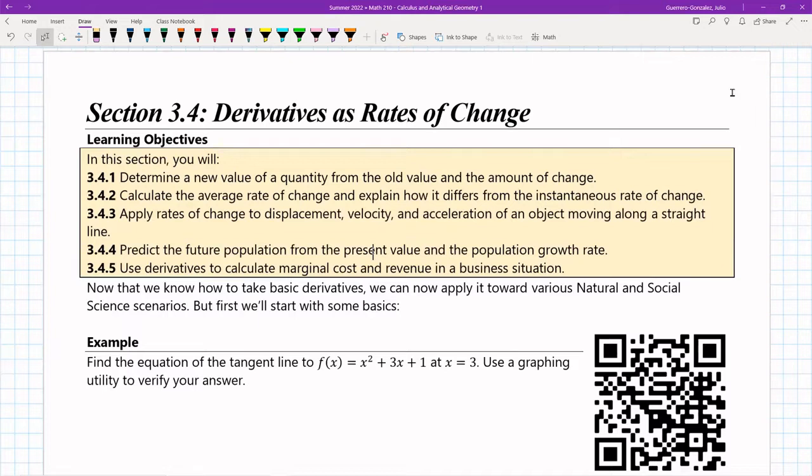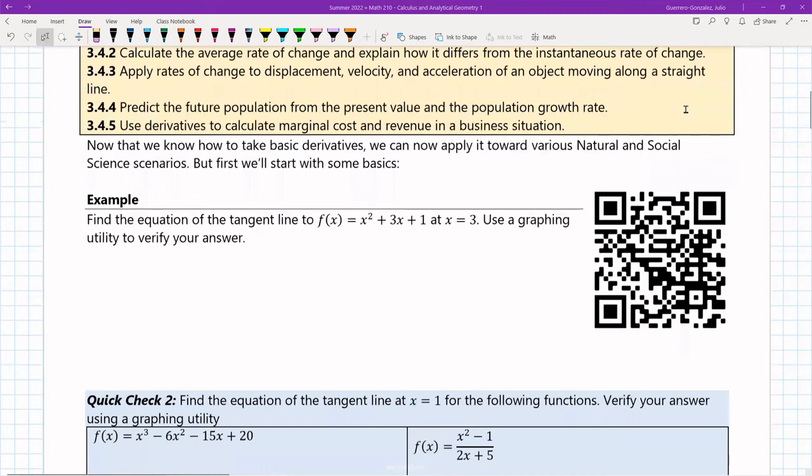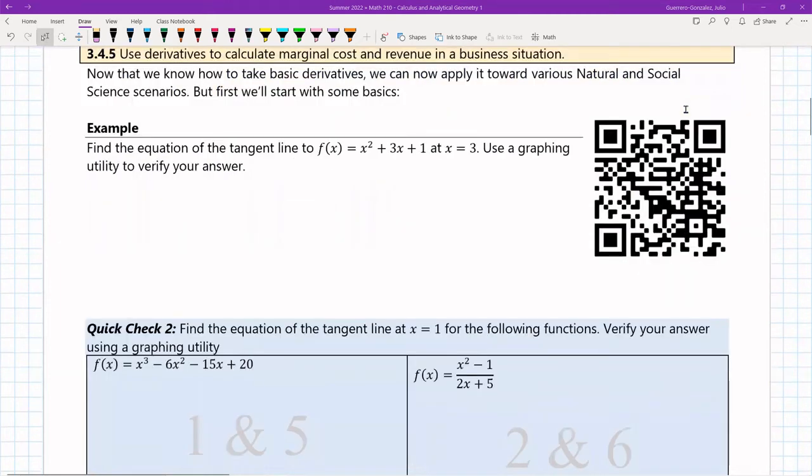Right off the bat, the very first thing you can do with this is a bunch of physics. Let me make sure I'm sharing my right screen. Okay. For quick practice, I'm going to do one of the problems that I made you do about a couple days ago: find the equation of the tangent line to a function at x equals 3.